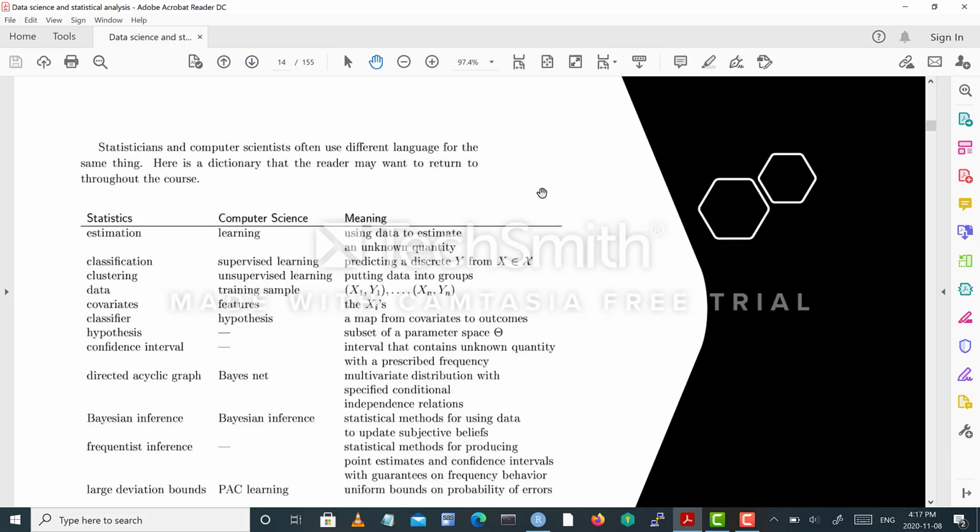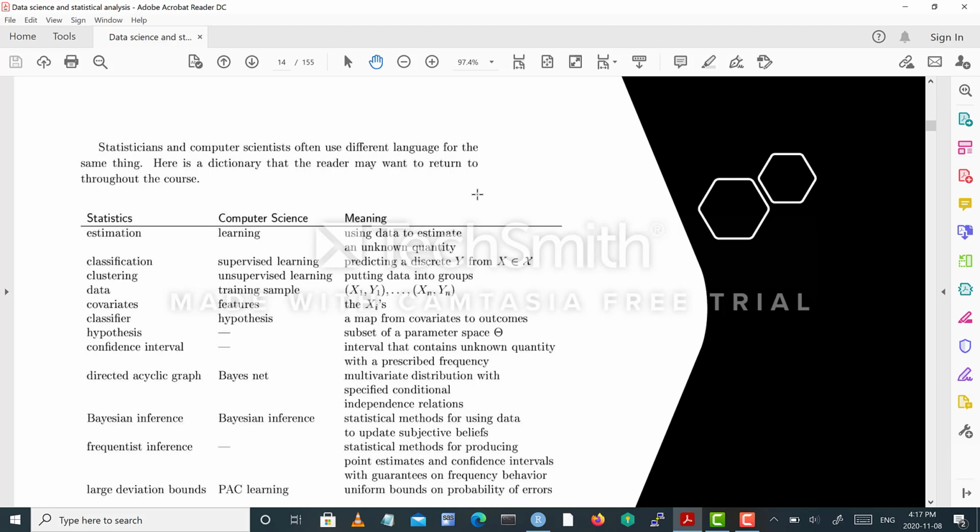Here we have the many objects in data science, computer science, and statistics, where different disciplines use different terminology. For example, in statistics we have estimation, whereas in computer science it's called learning.